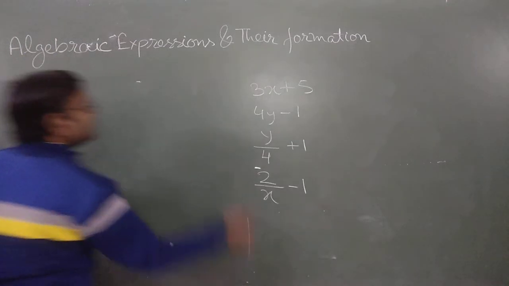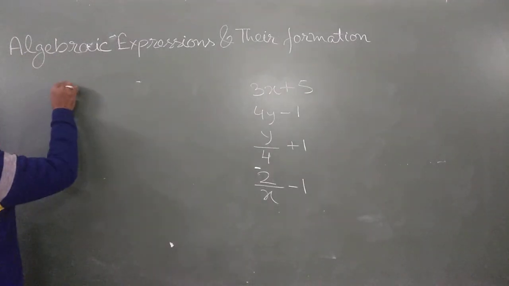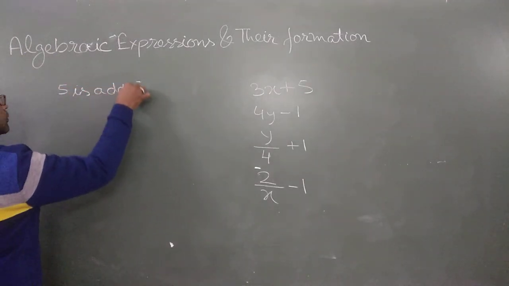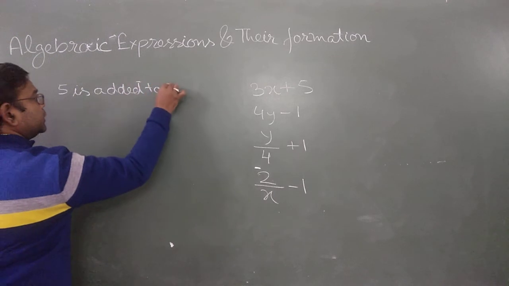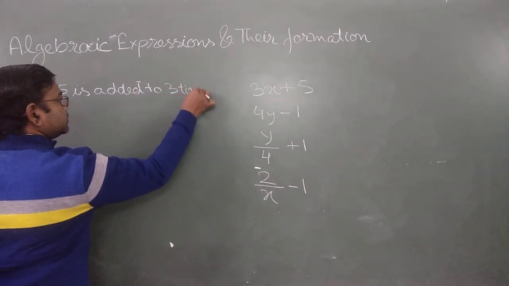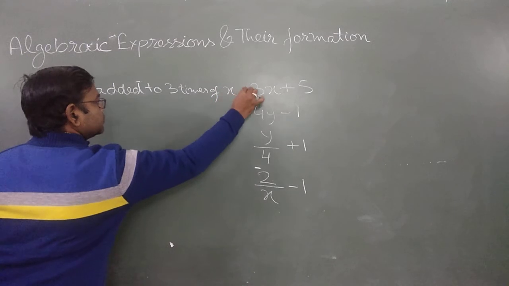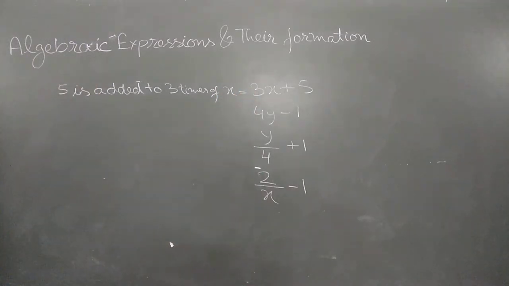Now, what is it? Over there, 5 is added to 3 times of x. Clear? 3 times of x.